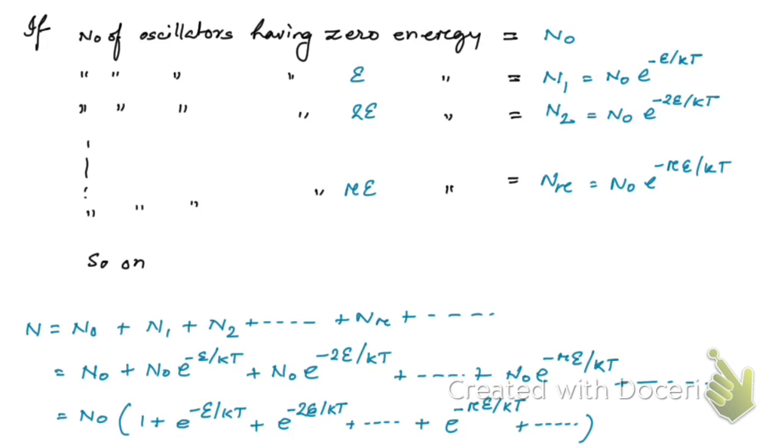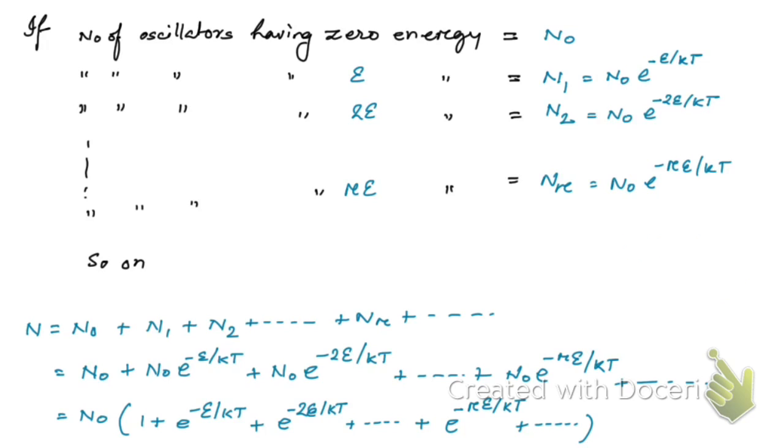Let me consider e to the power minus epsilon by kT as y. Then e to the power minus 2 epsilon by kT will be equal to y to the power 2, right?